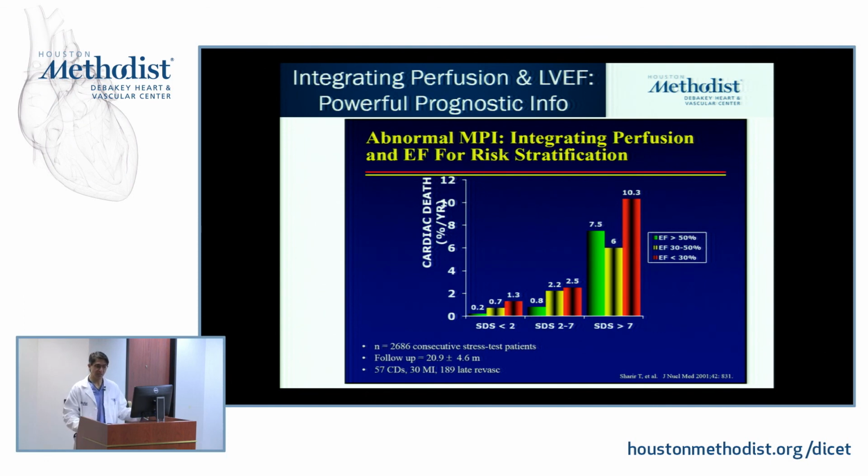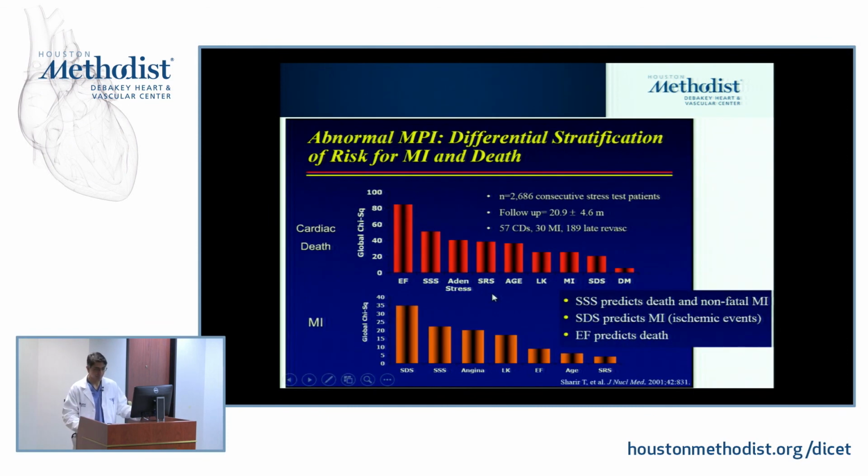So those patients who may have normal studies but significantly depressed ejection fractions don't fare as well as those patients who have normal EFs. It's everything you intuitively already know, but just showing you the actual studies that demonstrated this.